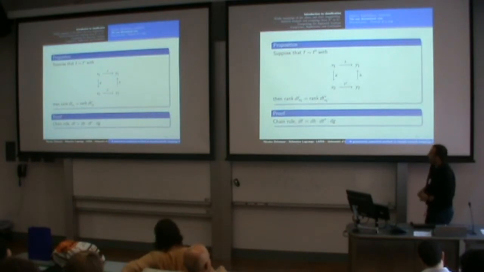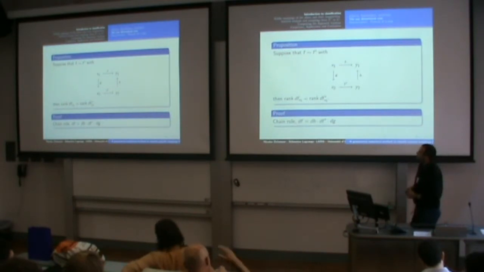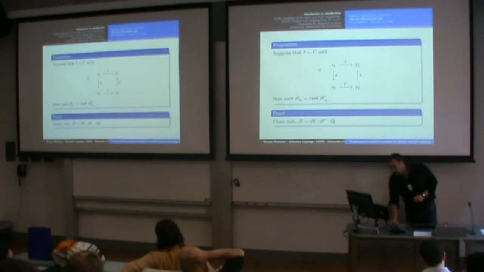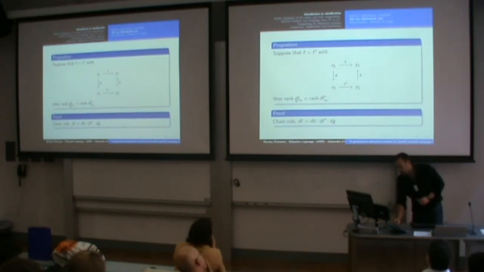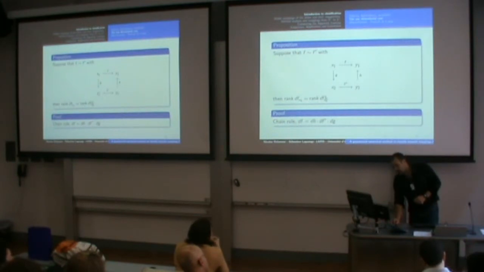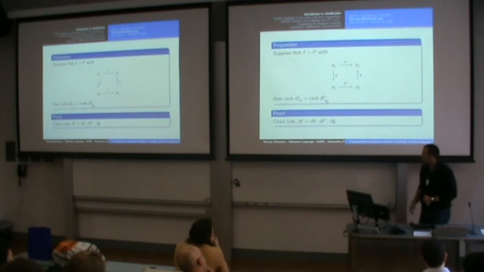The second one is about singularity. If you take two maps F and F prime that are equivalent, the rank of the Jacobian matrix of F at x1 is going to be the same as the rank of the Jacobian matrix of F prime at x2. The proof is really easy. All you have to do is apply the chain rule.